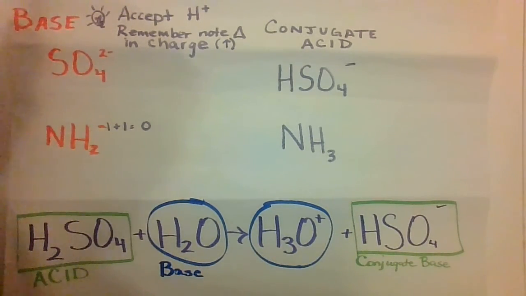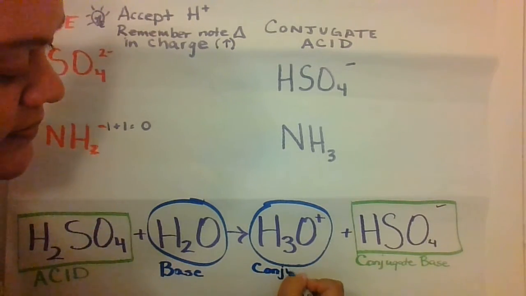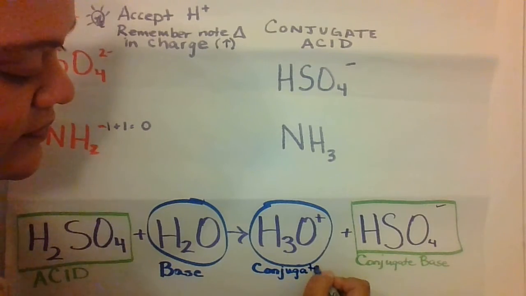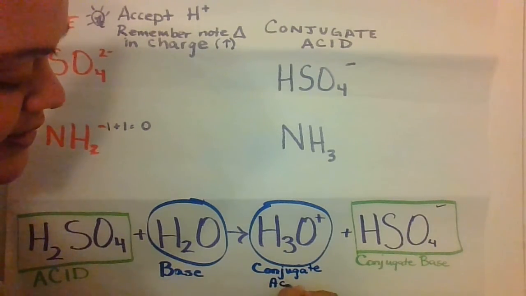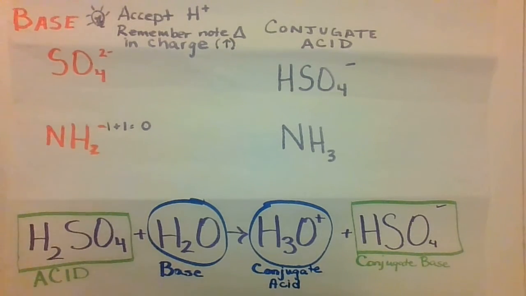And on the product side, it has become my conjugate acid because it is a base that changed to an acid. So there are our examples of acids and bases in the sense of a chemical equation.